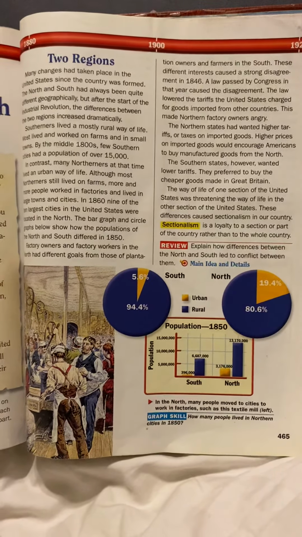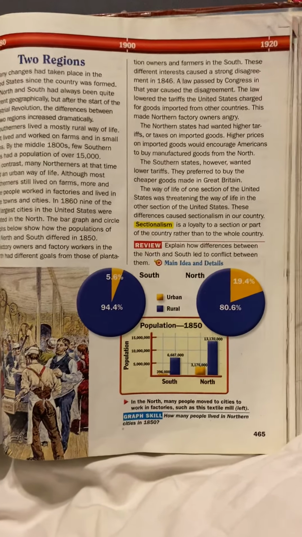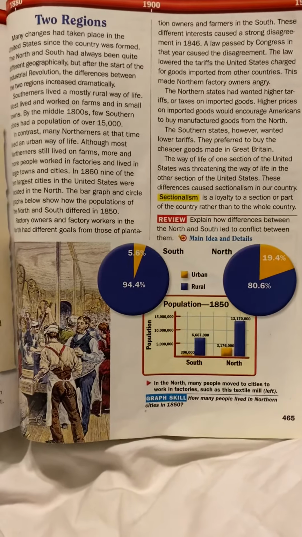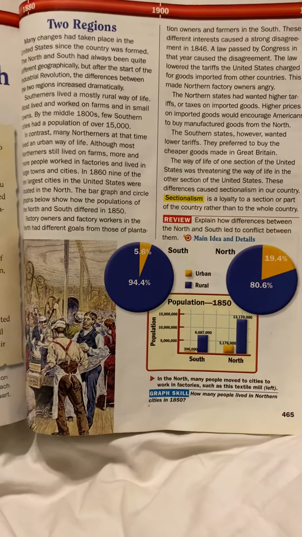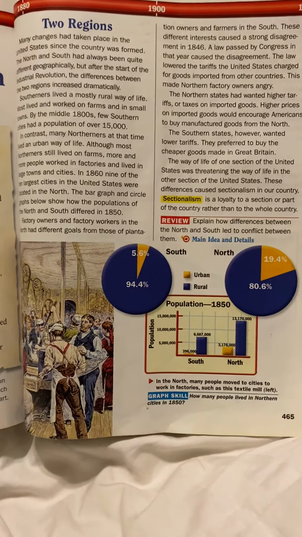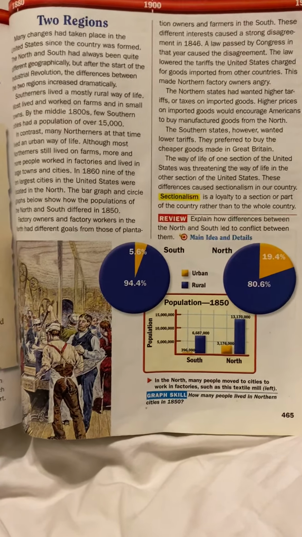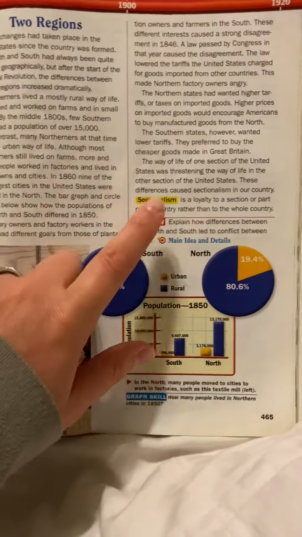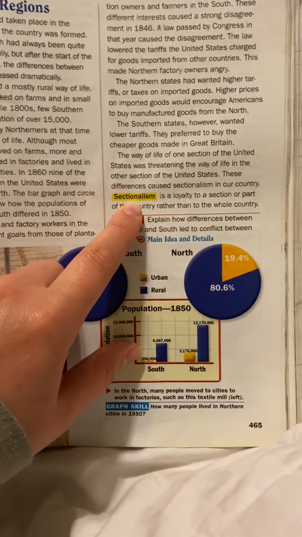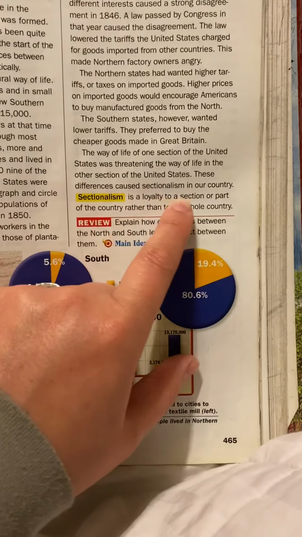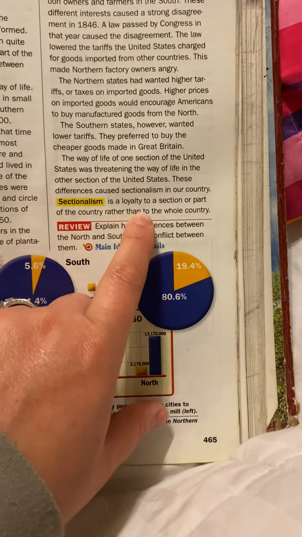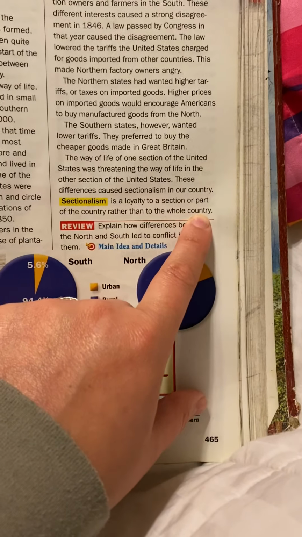Well, that's not going to help the United States economy in the North, but it's going to help in the South. So this law that Congress passed, lowering the tax on imported goods from other countries, created what we call sectionalism, which means a loyalty to a section or part of the country rather than the whole country itself.